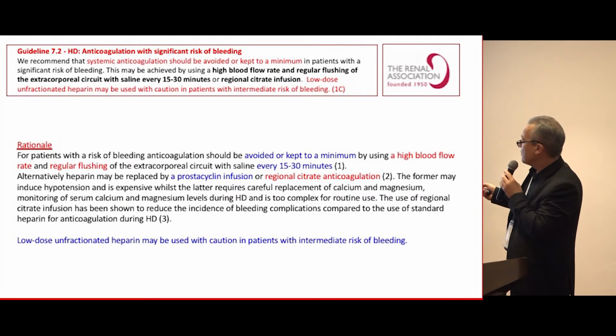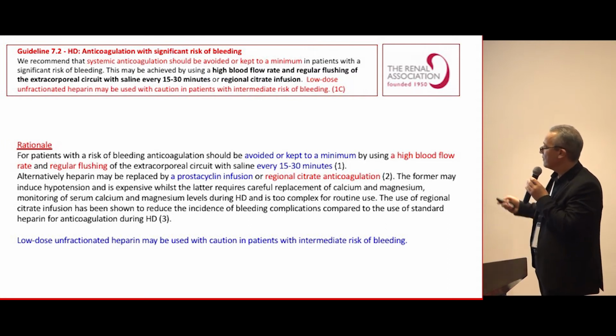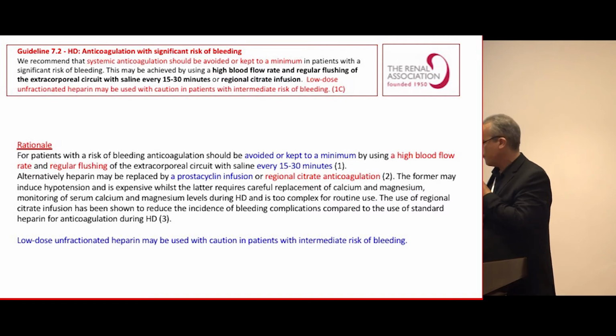Also, for patients with significant risk of bleeding, we should use systemic anticoagulation kept to a minimum dose. Otherwise, we should avoid anticoagulation if the risk of bleeding is life-threatening.